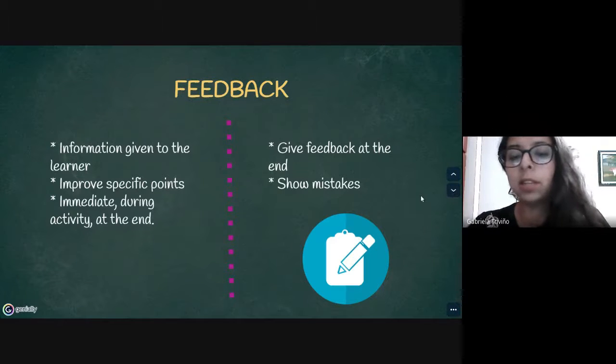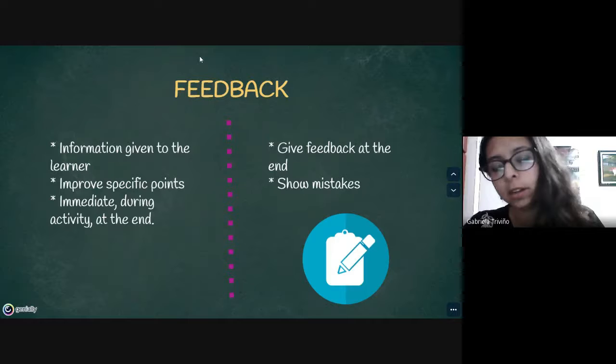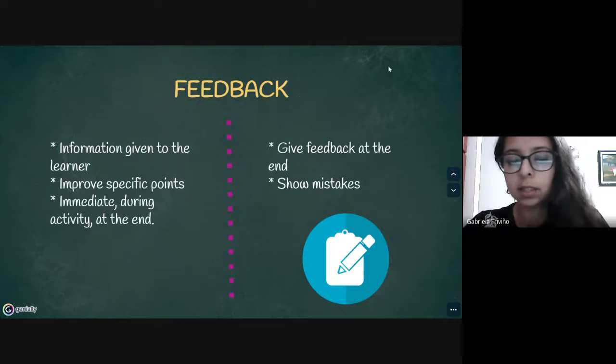And by doing this feedback, you can show the mistakes that the student had. And as I was telling you, the most common type of feedback is the one that is given at the end of a task or an activity. So this was about giving encouragement, feedback, and praise.